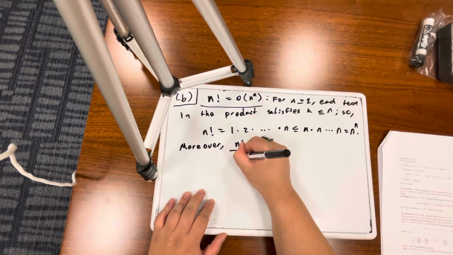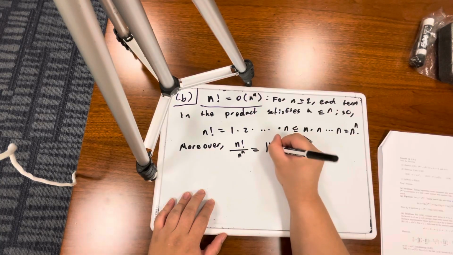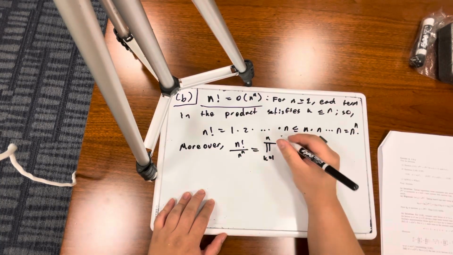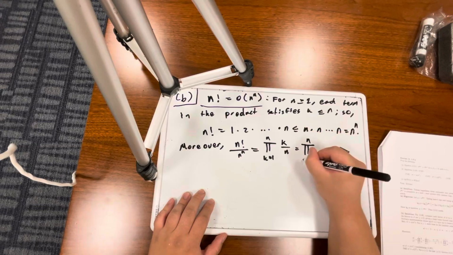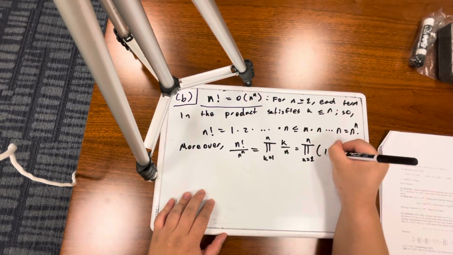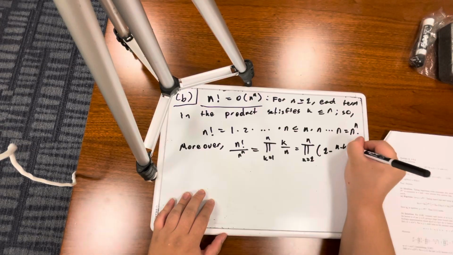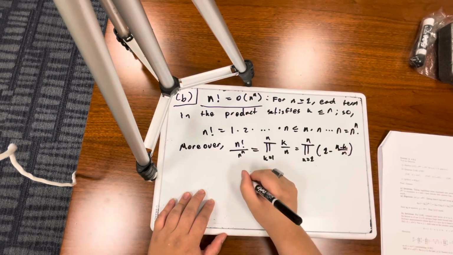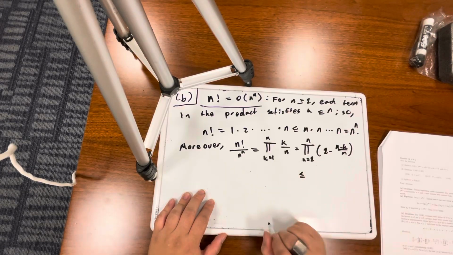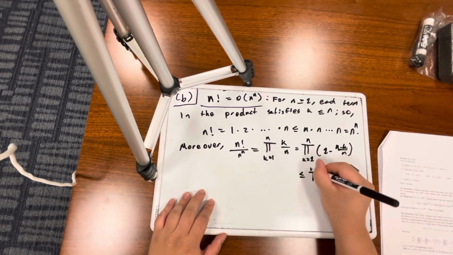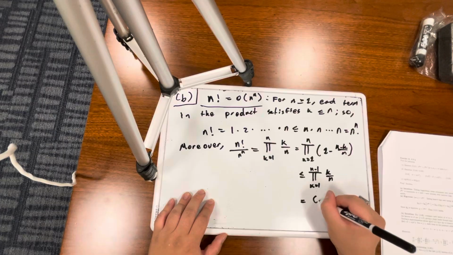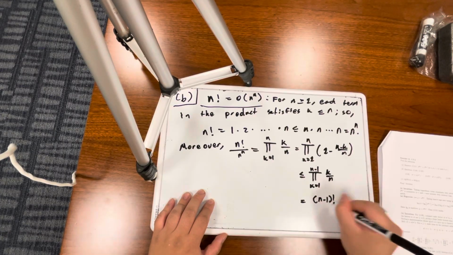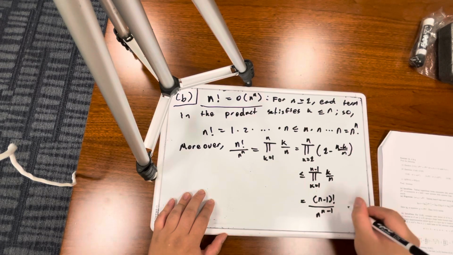n factorial over n to the n is equal to the product from k equals 1 to n of k over n, which is equal to the product from k equals 1 to n of (1 minus (n minus k) over n), which is in fact less than or equal to the product from k equals 1 to n minus 1 of k over n, which is equal to (n minus 1) factorial over n to the n minus 1, which approaches 0 as n goes to infinity.